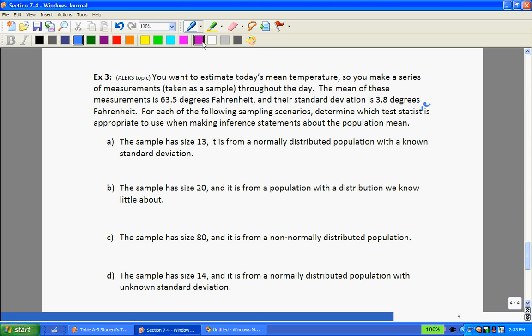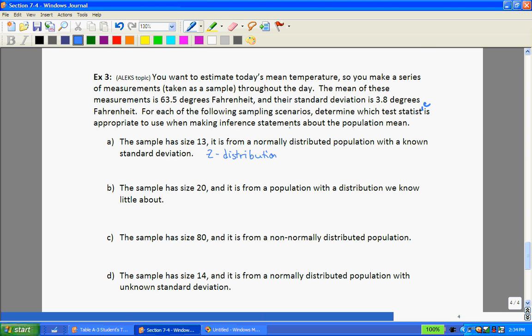Because the standard deviation is known, I can go ahead and say that I'm going to use a z-test here, the z distribution. Well, we do still want to know about it being normal. That's still important. But if we know that we have the standard deviation, then we can automatically go ahead and use the z distribution. Okay, take a look at B.